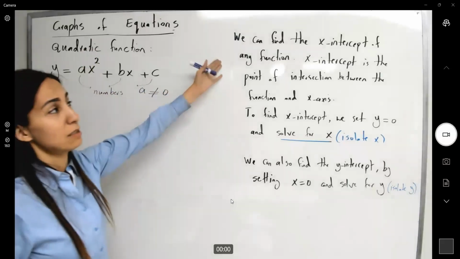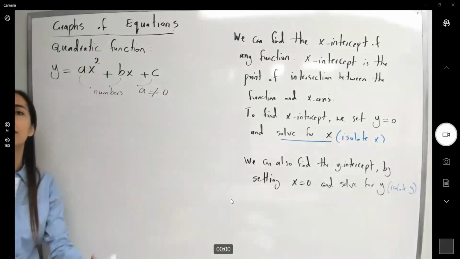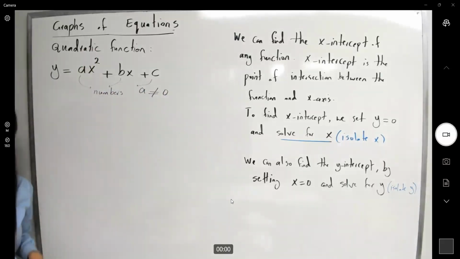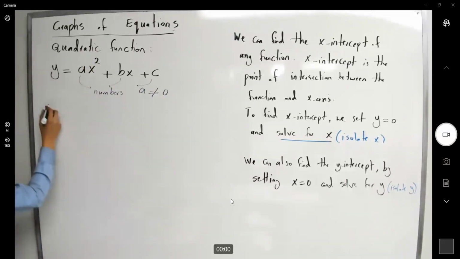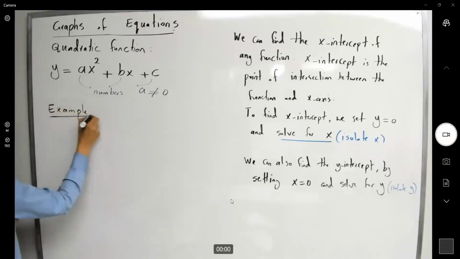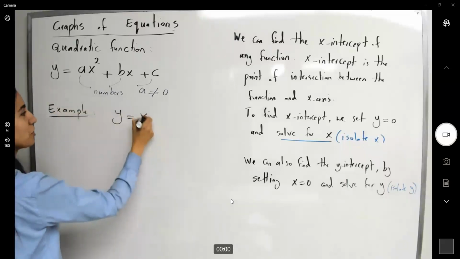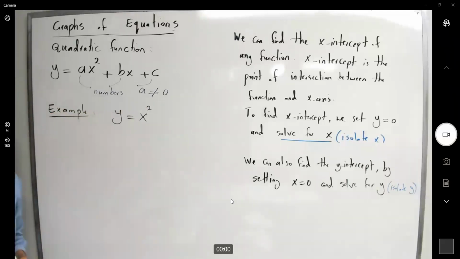You can find the x-intercept and y-intercept of any function, especially a quadratic function. Let us take a look at the following example. In this example, we have y equals x to the second power.